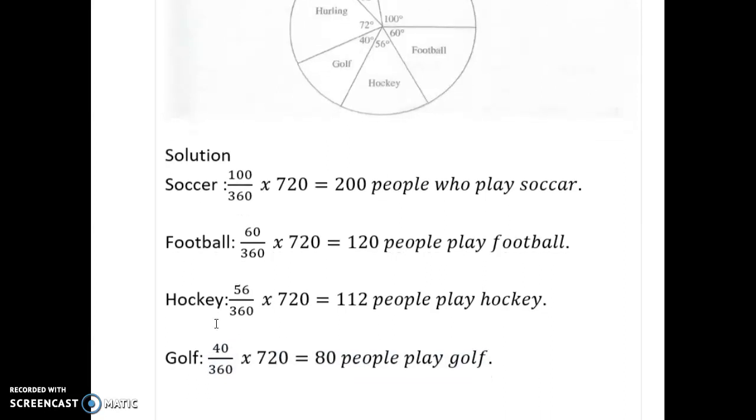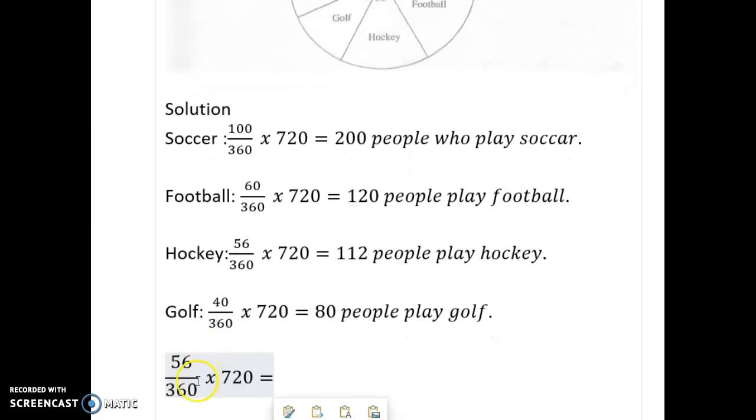Okay, the next one is hurling at 72 degrees.